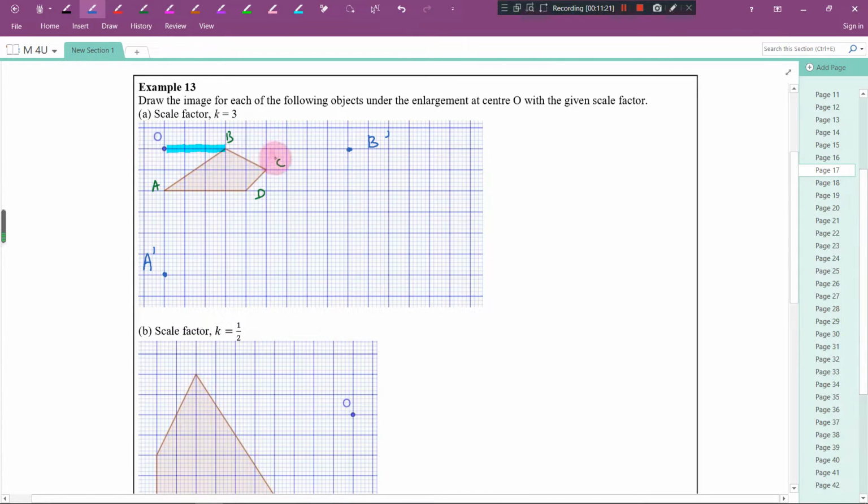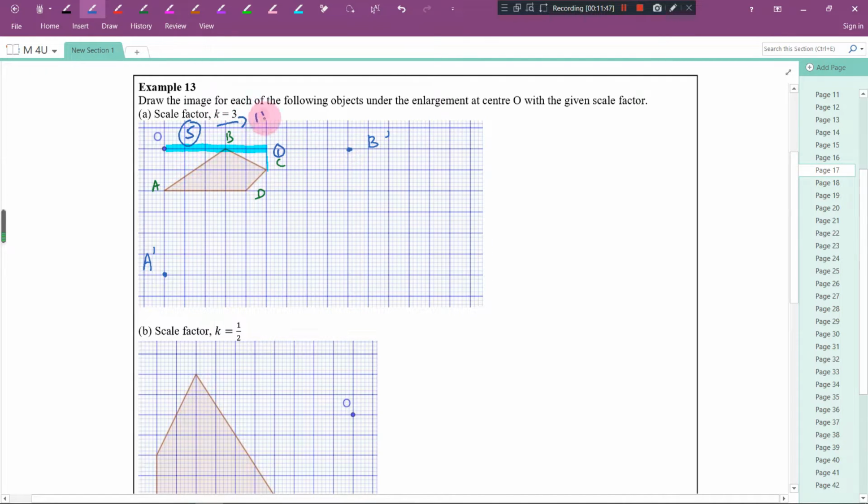Okay, now let's go to C. Here I'm going to use an L shape to help me get the image of vertex C. 1, 2, 3, 4, 5, 1. So this is 5, 1, right? If I times 3, I will get 15 and 3.